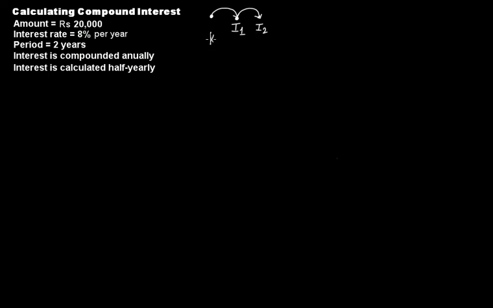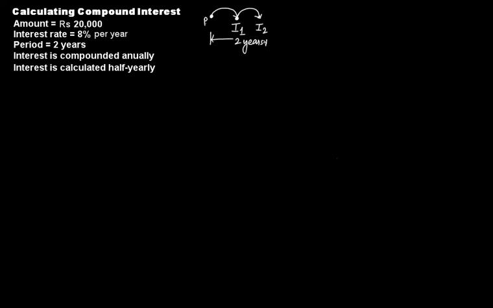So from here up till here, you have 2 years. Let's say that this is the principal amount. So principal amount plus I1 plus I2 will be the final amount that you'll give back to the bank. The interest is being calculated at a period of 1 year.